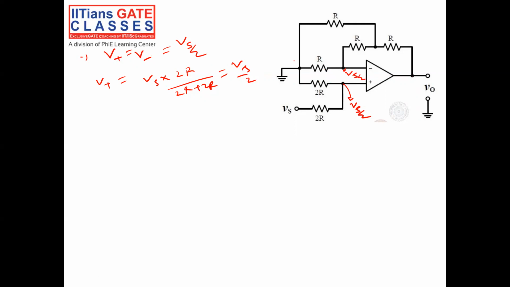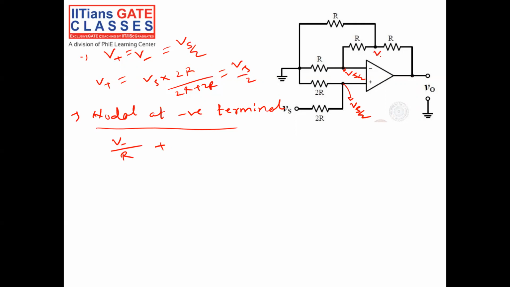Now let us put a nodal equation at the negative terminal. Suppose this potential is Vx.